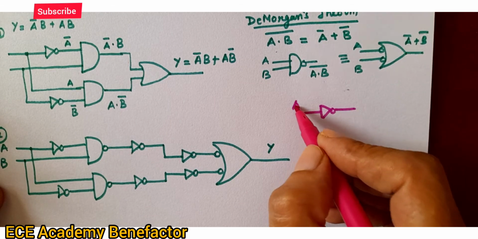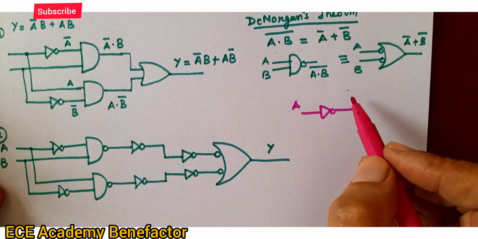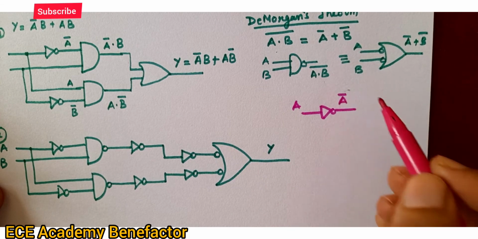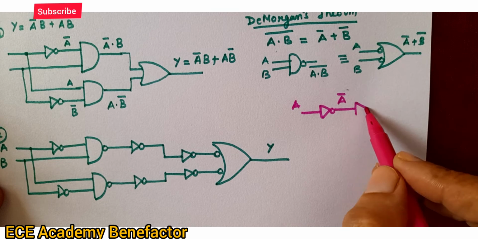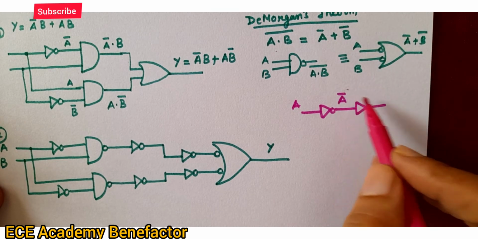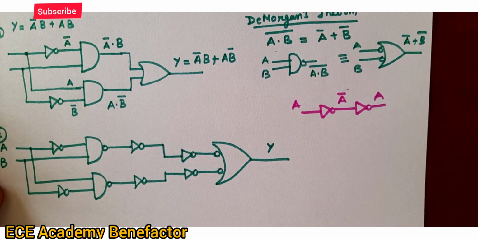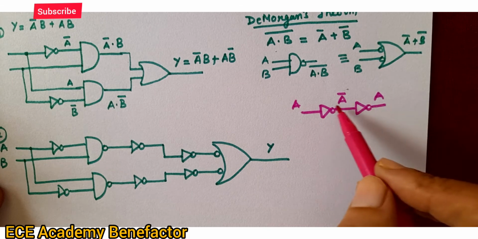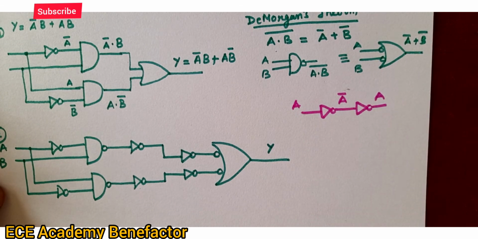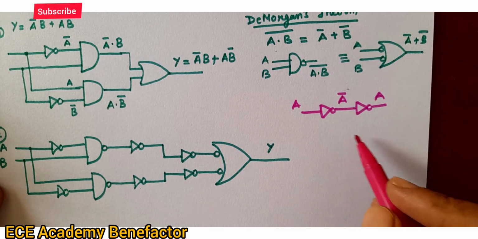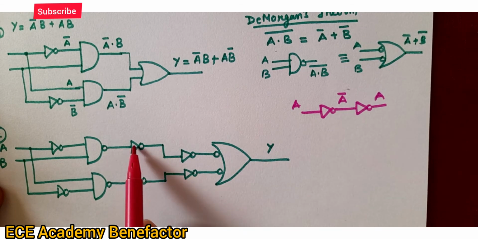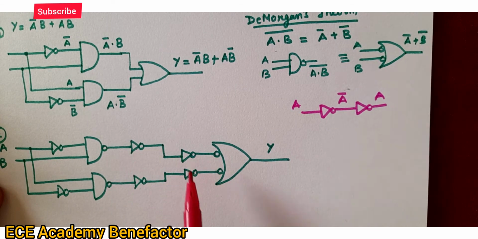If the input is A, what will be the output of the NOT gate? A bar. If you give it again to a NOT gate, this A bar is again complemented to A. So, if you place two NOT gates, the same input comes at the output. So, these two NOT gates are nullified.